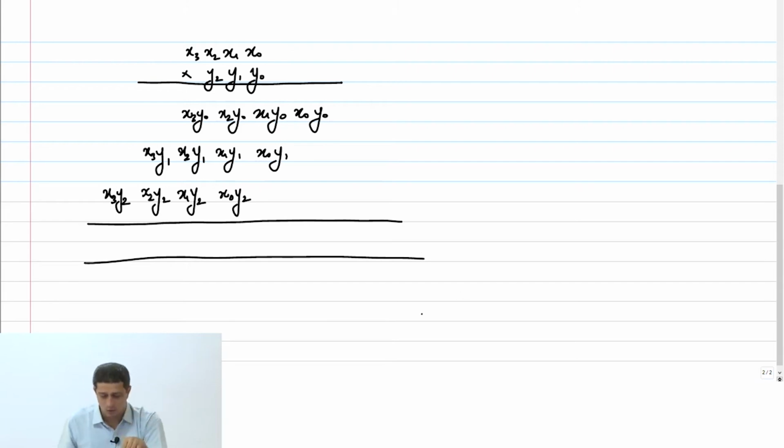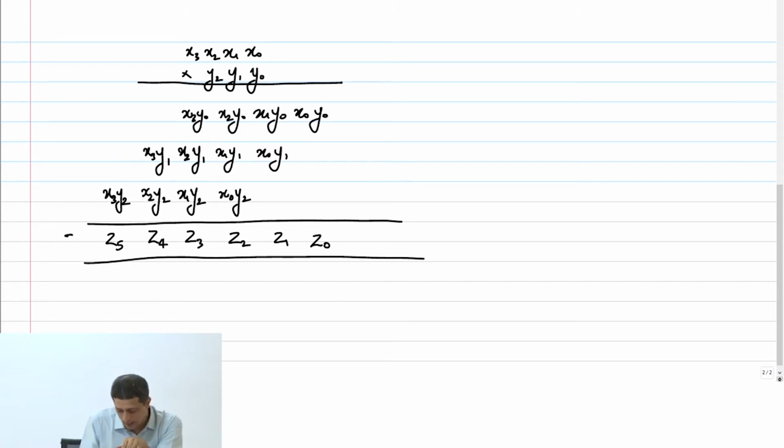What you notice here is this is going to be my z0, z1, z2, z3, z4, z5, and in doing the addition of x3 y1, x2 y2, you could get a carry, and you will get z6. Clear? Now what do you notice here?